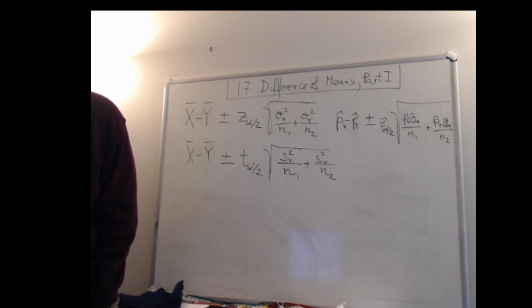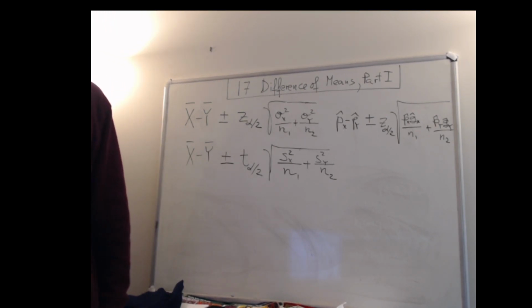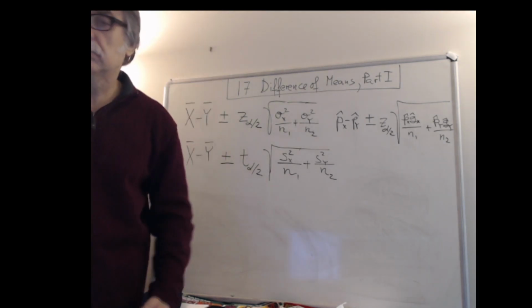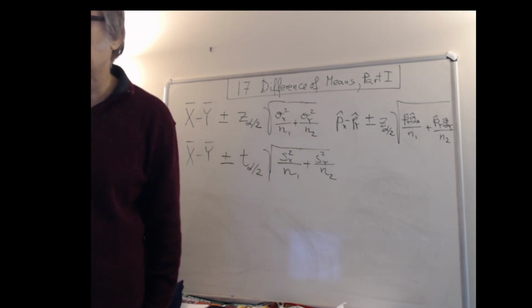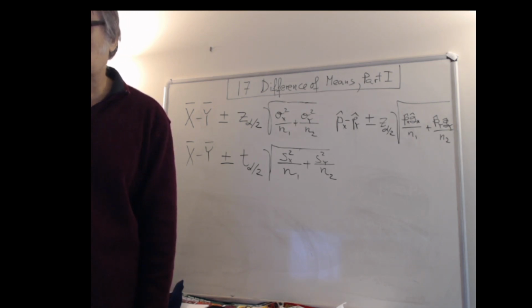This is example number 1 from the lecture on the difference of means, lecture number 17 on the Blackboard. You can find it. I'm going to read it for you. It says, of two similar groups of patients, one group we'll call A, another group we'll call B. In the first group we have 50 patients.